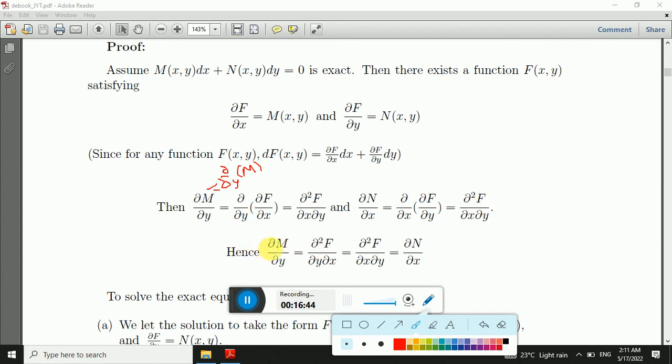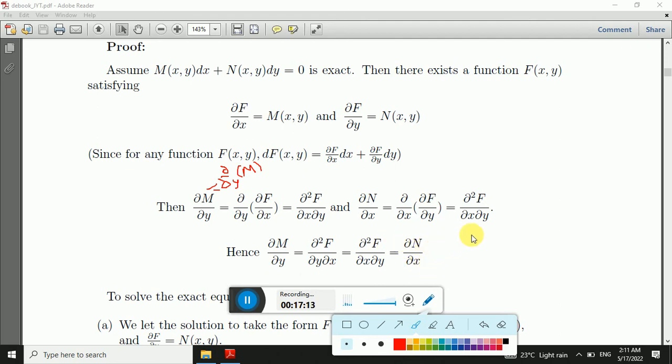Hence partial M over partial y is the same as these expressions, which is also the same as partial N over partial x. So that means that if a differential equation in this form is equal to 0, then it is exact if and only if the partial derivative of M with respect to y is the same as the partial derivative of N with respect to x.